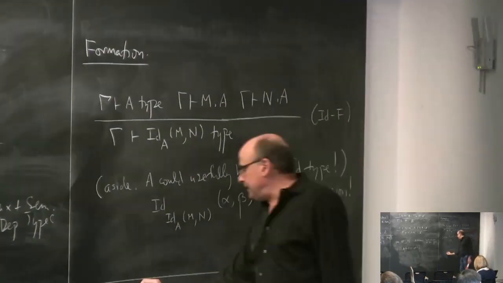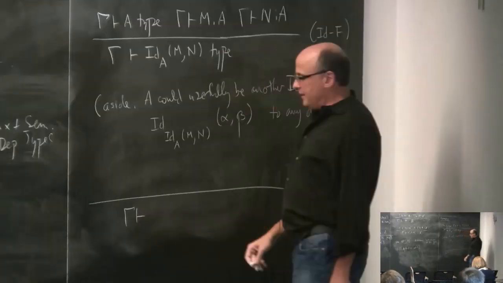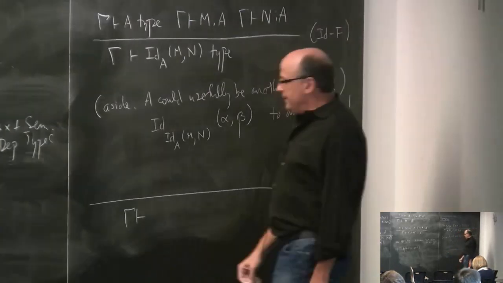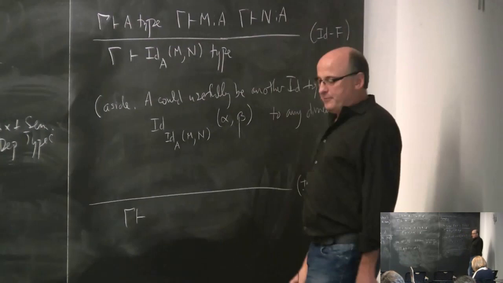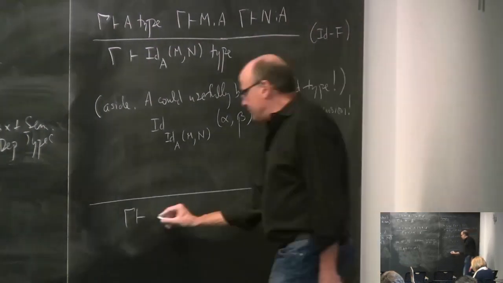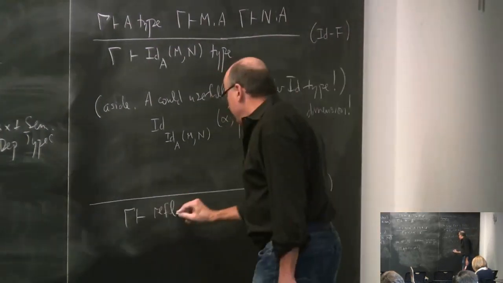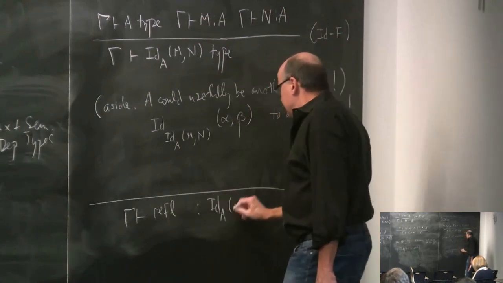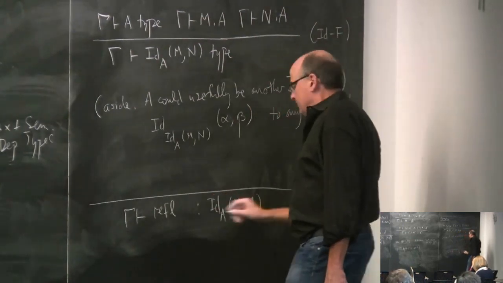When can I form a proof of equality of two things? Well, the most obvious thing to say is if it's going to be an identity relation, it surely should have a proof of the fact that things are related to themselves.